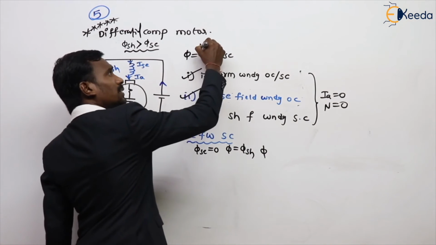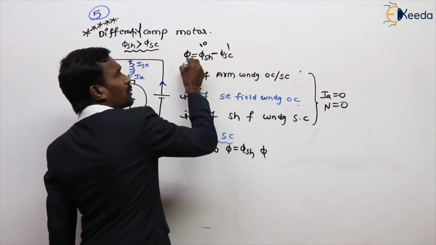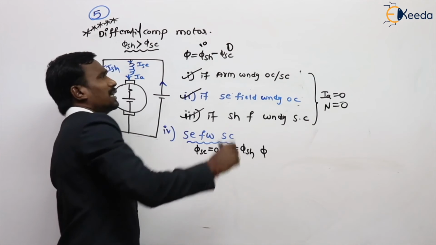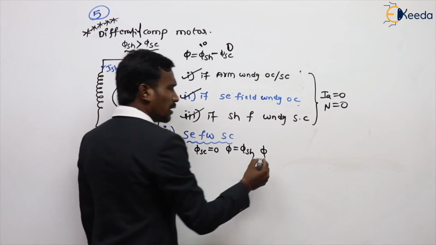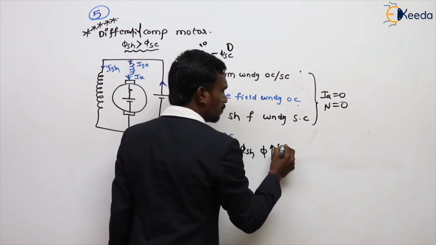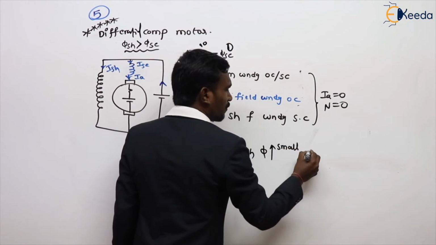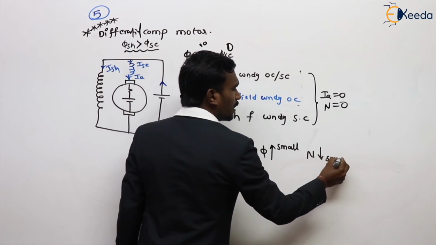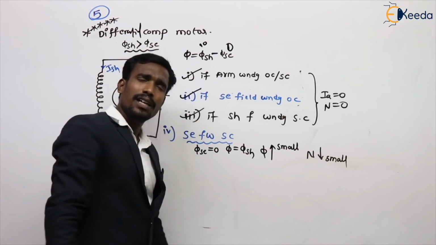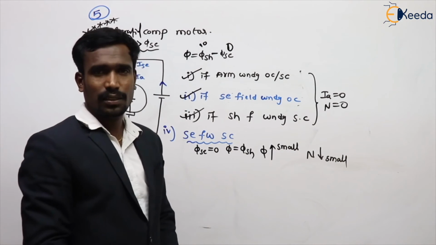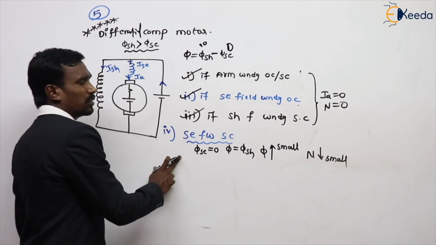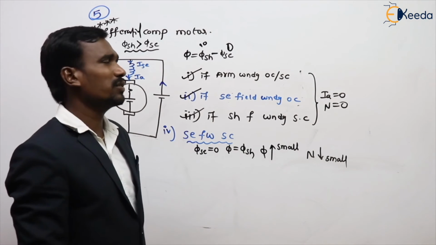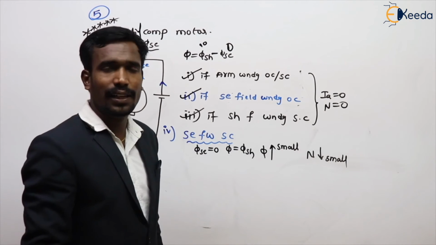For example, this is 10, now this is 1. Actually flux 9. But when here this is 0, what is the flux? 10. So the flux increases to a small extent. When the flux increases to a small extent, the speed decreases to a small extent. Right? This is the question. When the series field winding is short circuited, it's very clear, crystal clear.